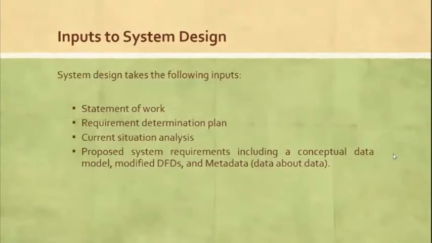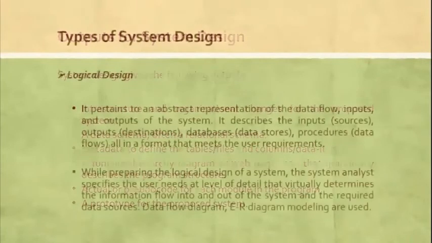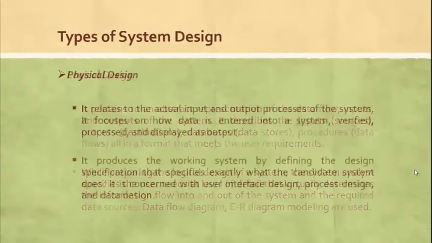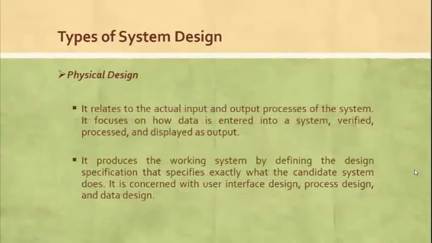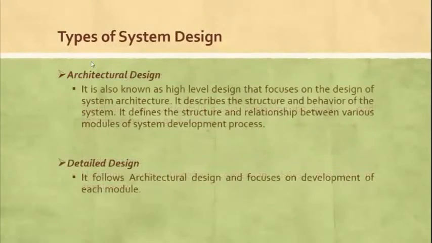Then these are the inputs to system design as well as the outputs for system design. Then we also discussed the different types of system design. So we have the logical design. So this logical design can be represented by flowcharts, data flow diagram, or ER diagram modeling. Next, we have the physical design, which basically concentrates on the interface design. And then next, we have the architectural design and the detail design.